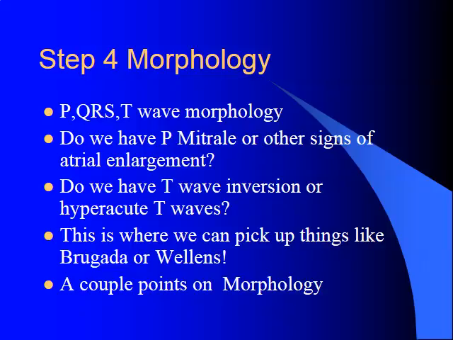We need to check for T-wave inversion or hyperacute T-waves. T-wave inversion meaning is just instead of being in the same direction, deflection of the QRS complex, it's in the opposite direction. This is a good place where we can pick up things such as Brugada syndrome or Wellens syndrome, which will be in the next lecture.